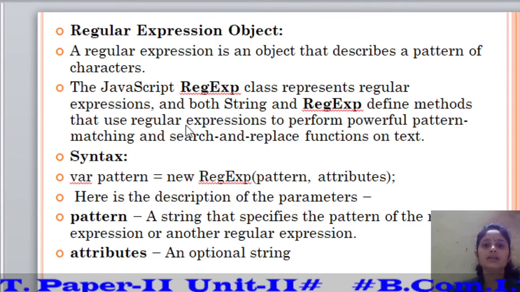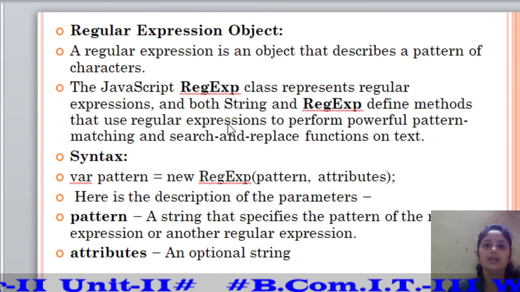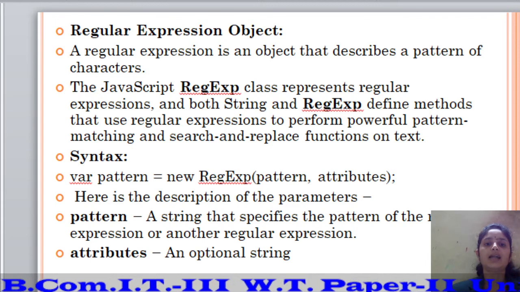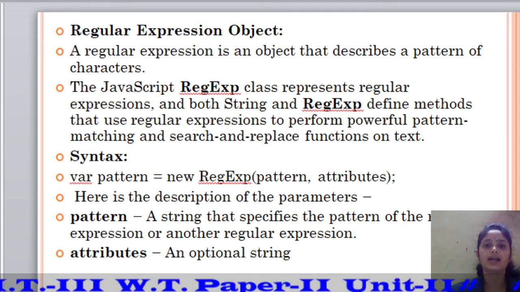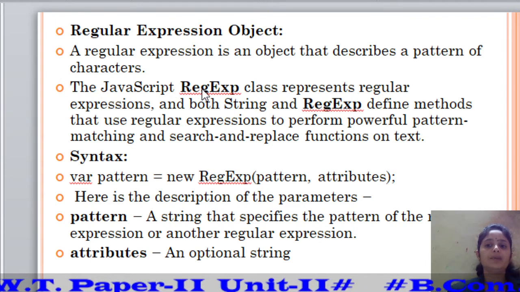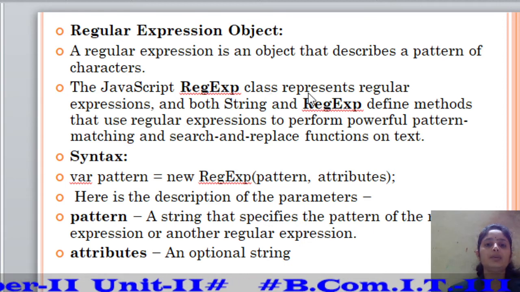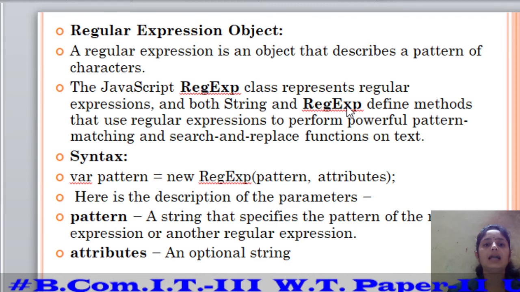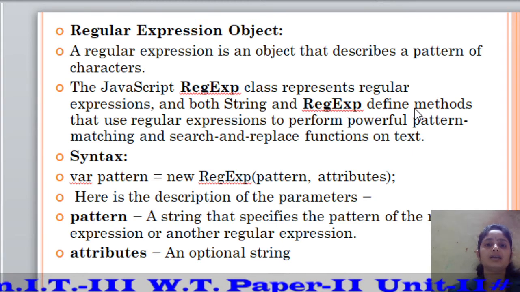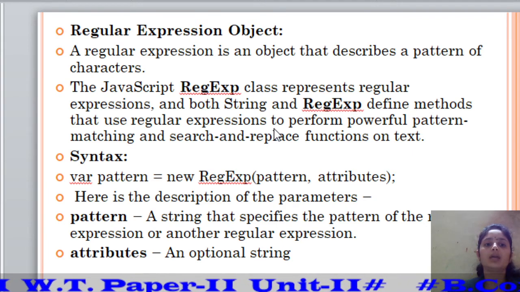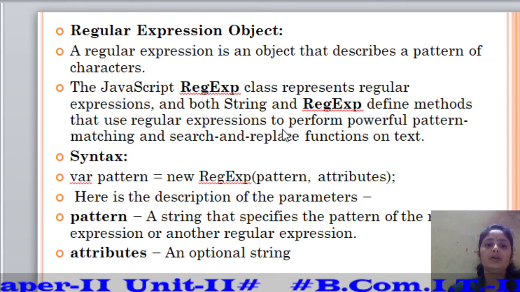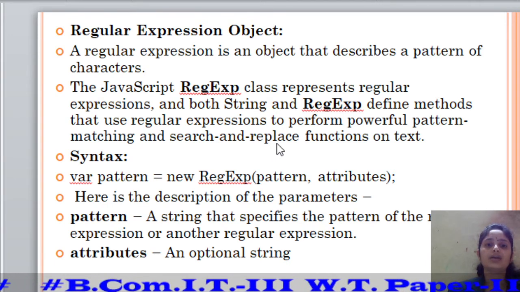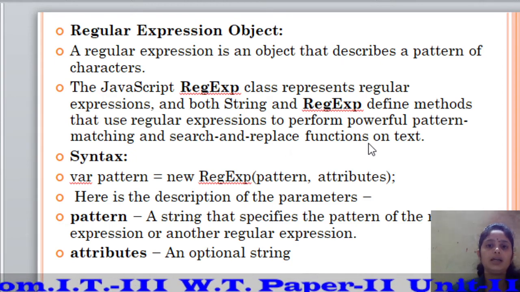The next object is the regular expression object. A regular expression is an object that describes a pattern of characters. The JavaScript RegExp class represents regular expressions, and both String and RegExp define methods that use regular expressions to perform powerful pattern matching and search and replace functions on text.